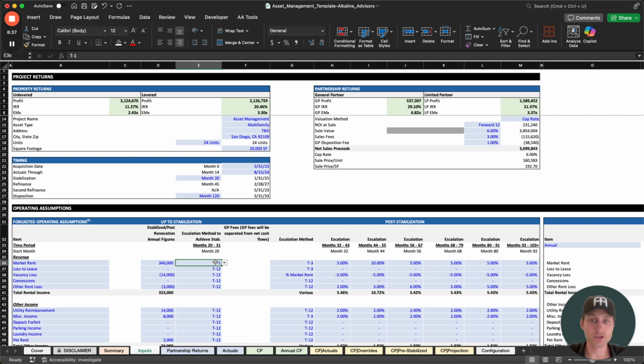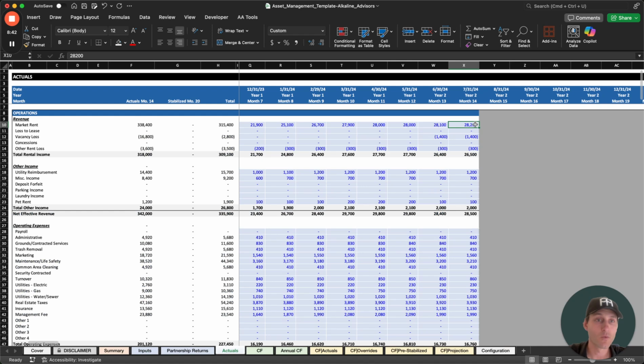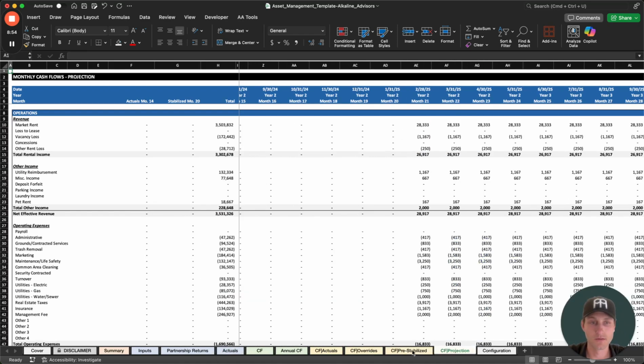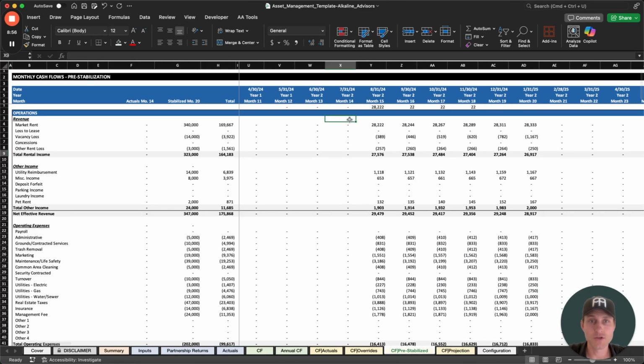If we took the rolling trailing one and straight lined that, we would take the actuals, 28,200, pre-stabilized. So this would be 28,200 over here. If we took what we anticipated in month 20 at stabilization minus 28,200, that's going to be a $133 difference.